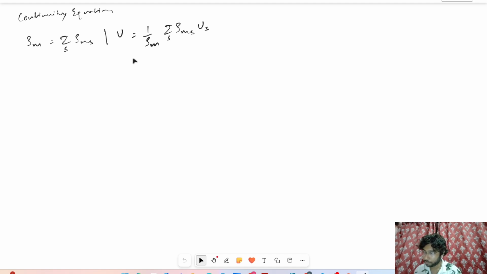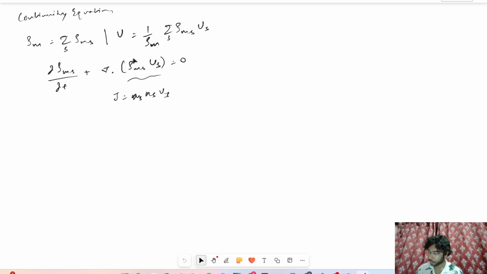Using these definitions, you can see that the continuity equation reduces down to this, because what was there over here was J, which was m_s n_s u_s. And m_s n_s is just rho_s, so this is rho_s times u_s.